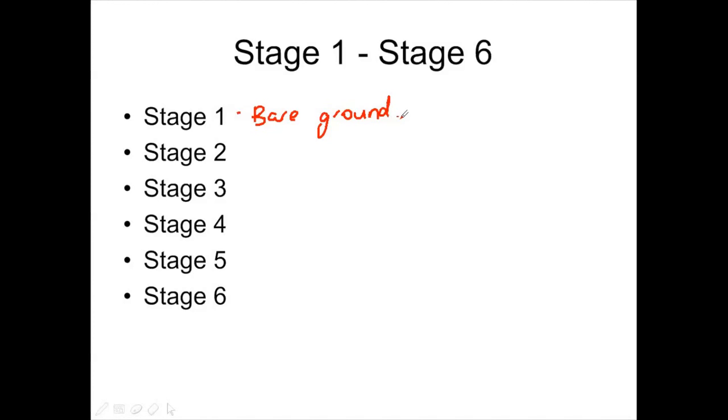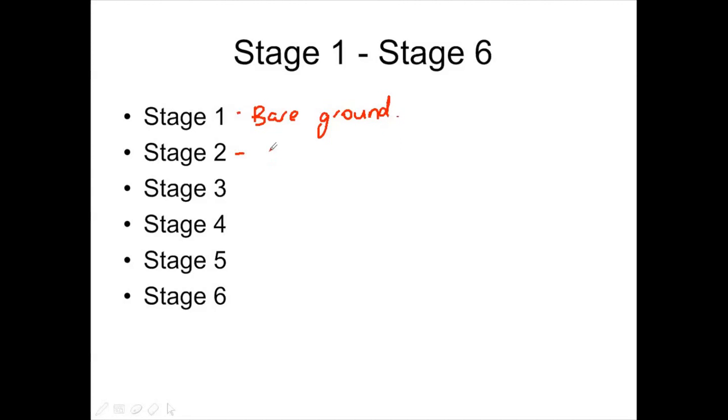Secondary succession would be after fire, after a tsunami, after a flood, after a big storm, after farmland or logging has occurred. All of those would be an example of secondary succession, and it will be stage 1 because there's no living vegetation there anymore.